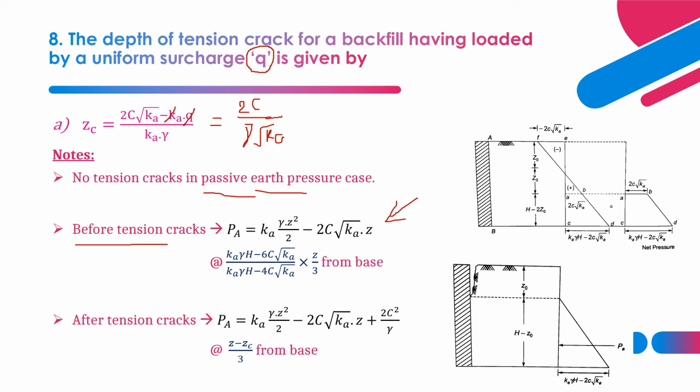And this will be acting from the base at a height of (Ka gamma h minus 6c root Ka) divided by (Ka gamma h minus 4c root Ka), into z by 3. This value can be found by using the earth pressure distribution diagram, or if we can memorize this relation, that will help us get the answer in a quick and short way without drawing the earth pressure distribution diagram.